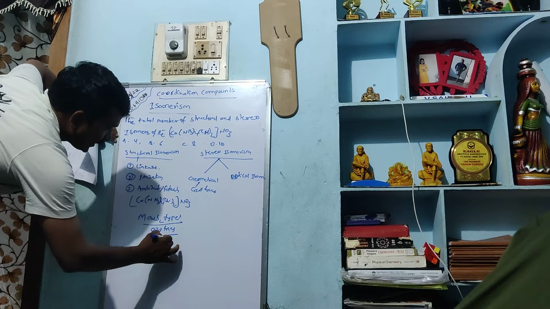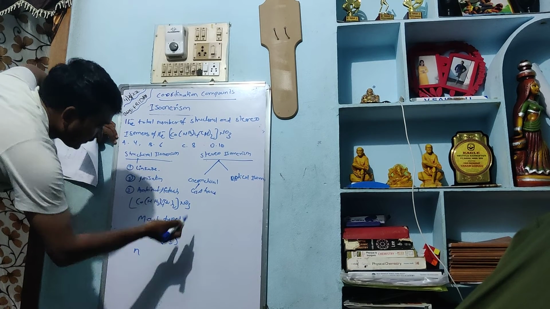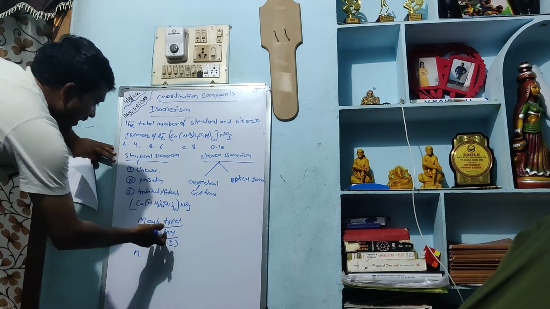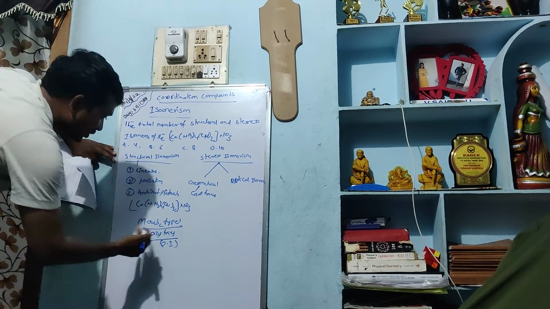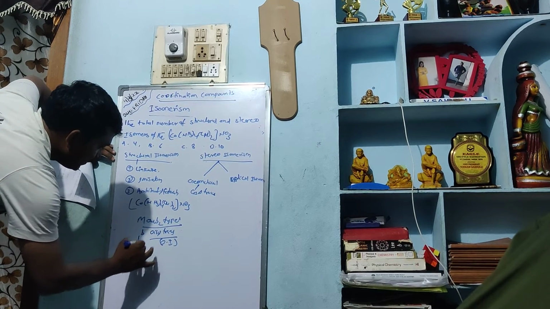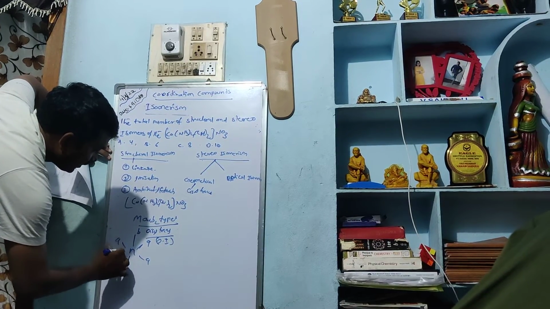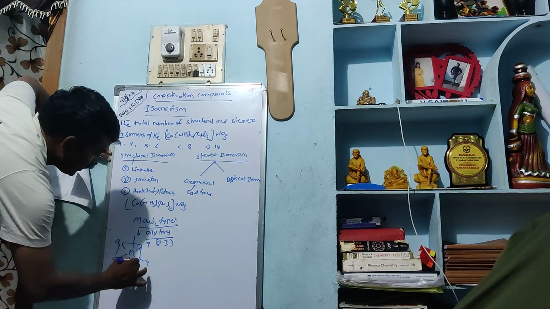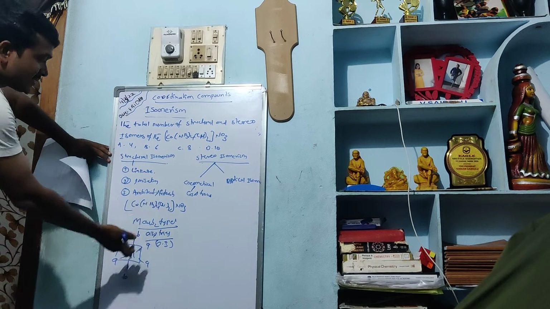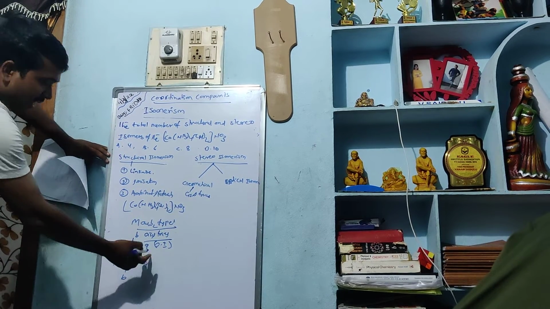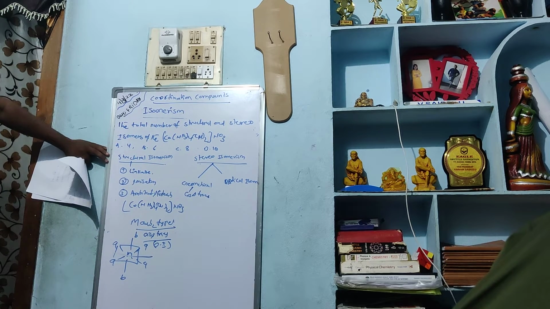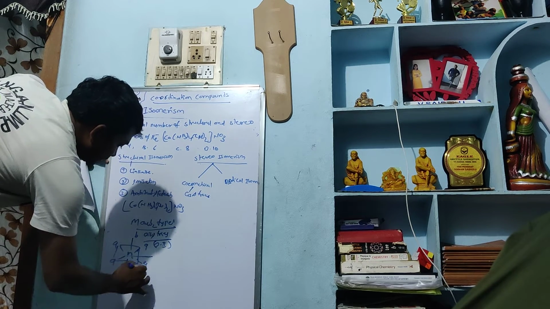Both are optically inactive, because both have a plane of symmetry. If A is considered as ammonia and B as cyanide, the trans form clearly has a plane of symmetry, so it is optically inactive.